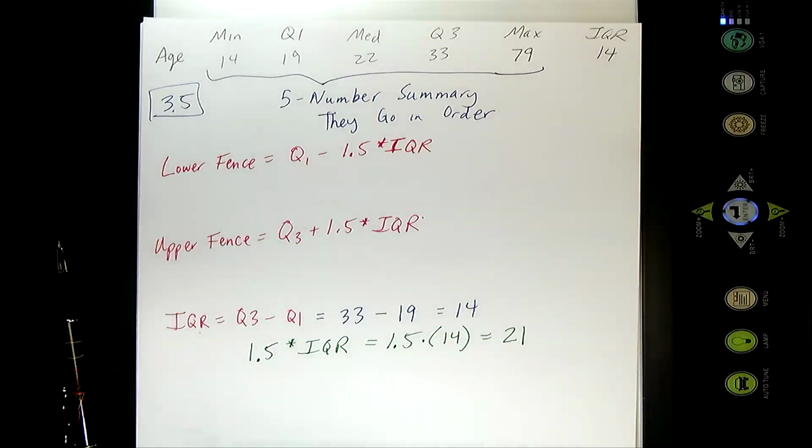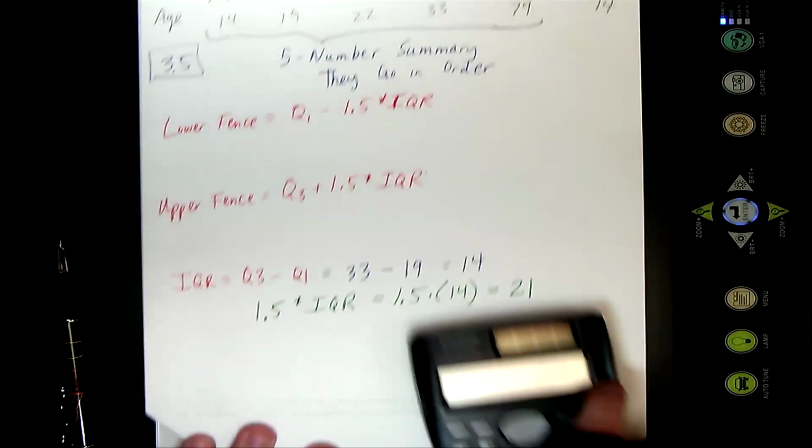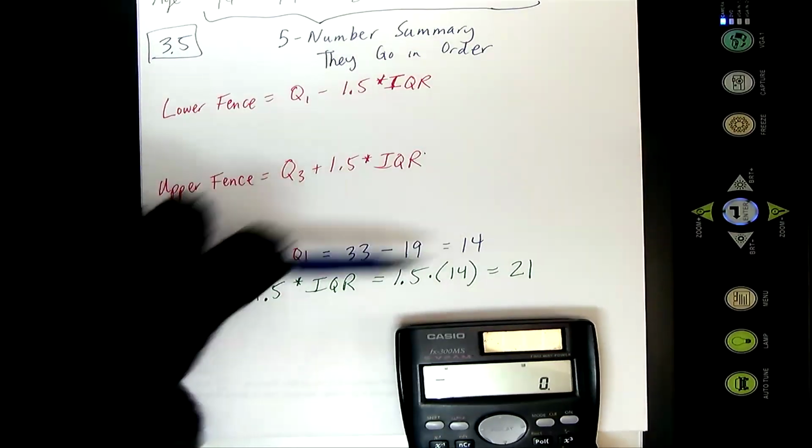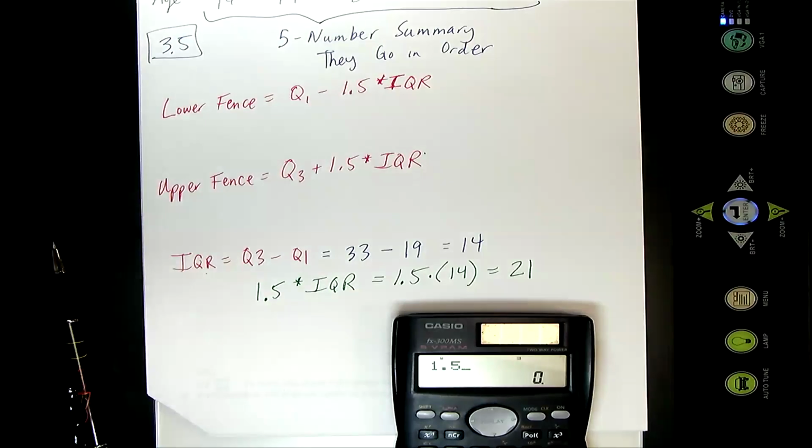You just skipped all the steps right now. That's the jump. I didn't pull out the calculator, but I can. IQR was 14, I'm doing 1.5 times 14, 21. What's wrong, Arturo?